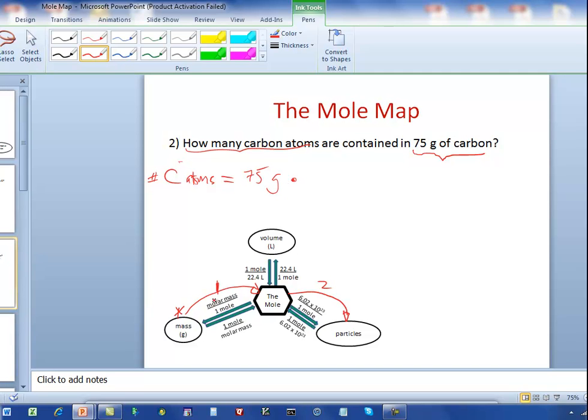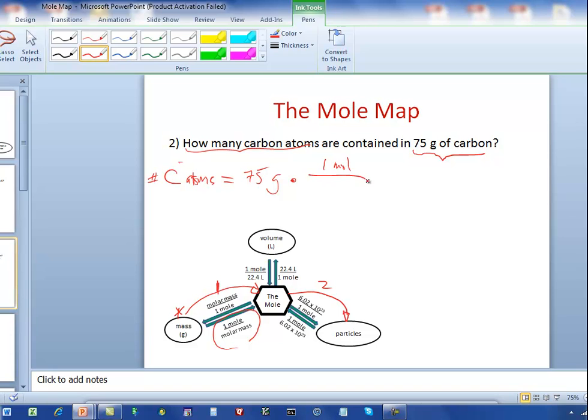Now the first thing we need to do is convert the mass to moles. Since we're going this way, left to right, we're going to need to take this train, so to speak. So we need to convert the mass of carbon to moles first. To do that, we're going to use 1 mole over the molar mass of carbon.